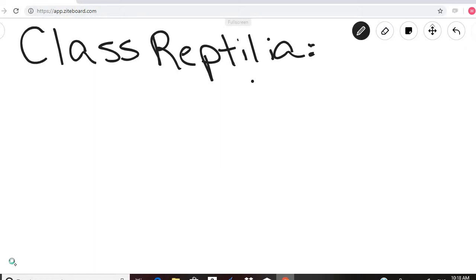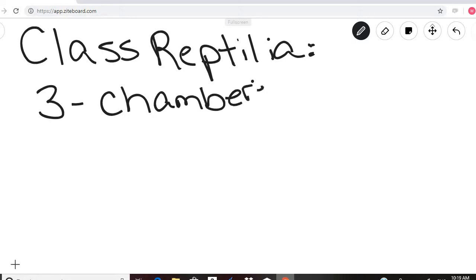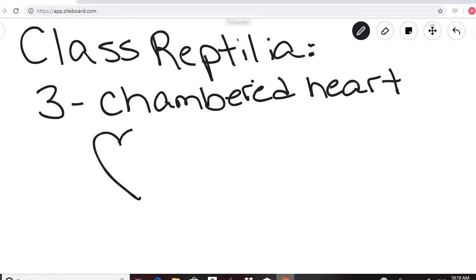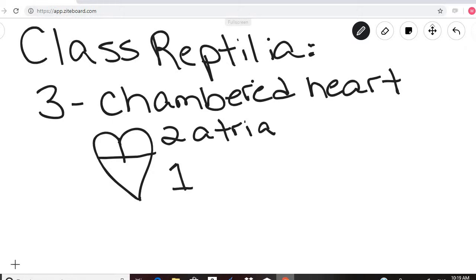Members of class Reptilia have a 3-chambered heart. And in their 3-chambered heart, they have 2 upper chambers. So they have 2 atria, and they have 1 ventricle. So the lower chamber is called the ventricle.